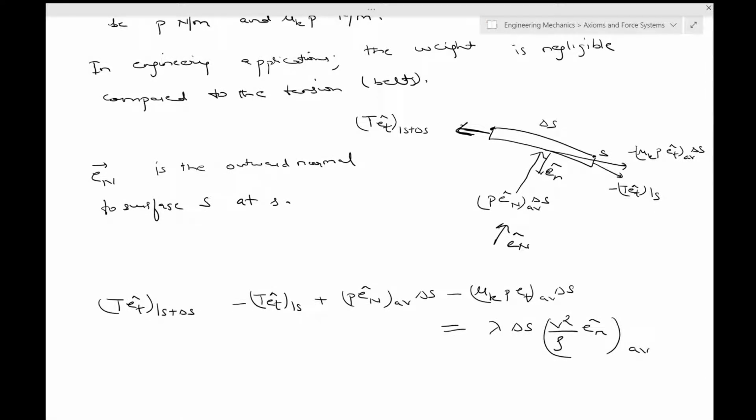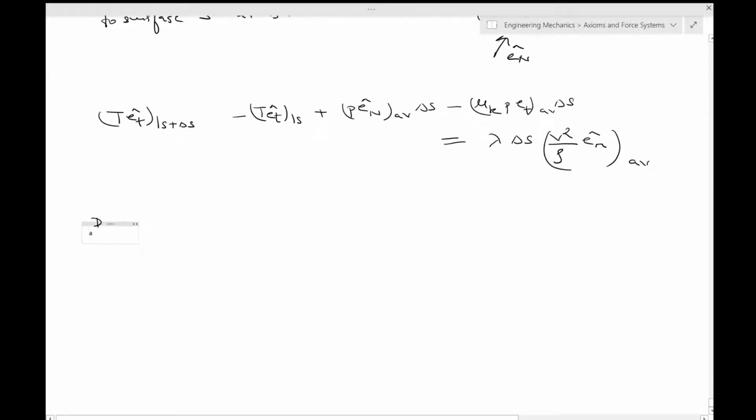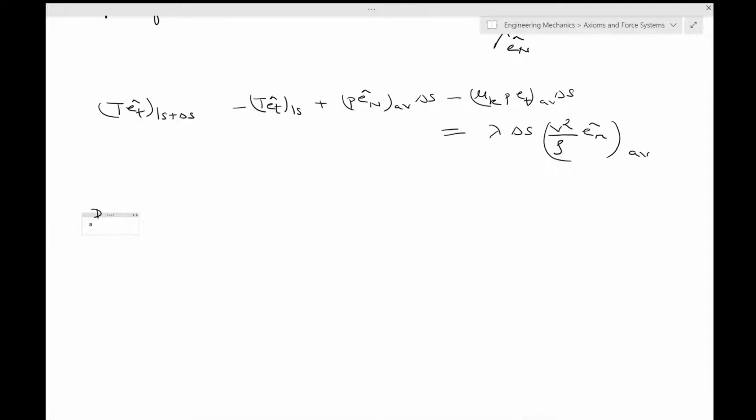Now one can divide both sides of this equation by delta s, and then take the limit as delta s tends to 0.